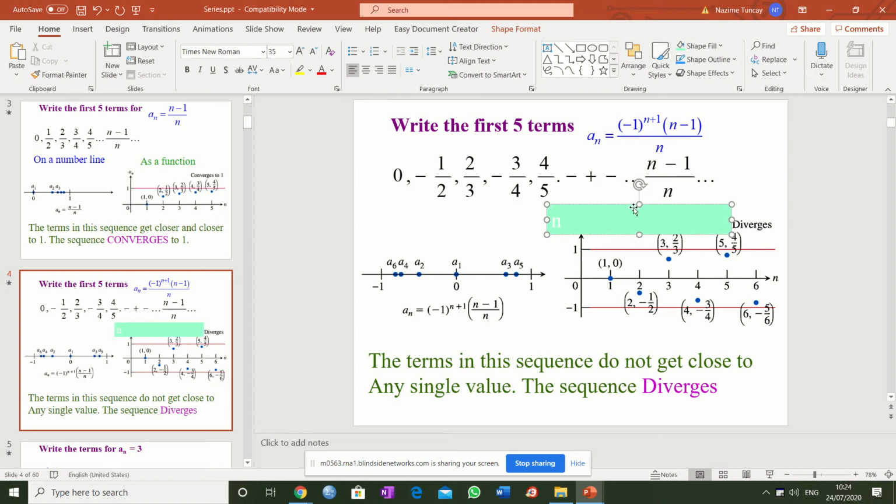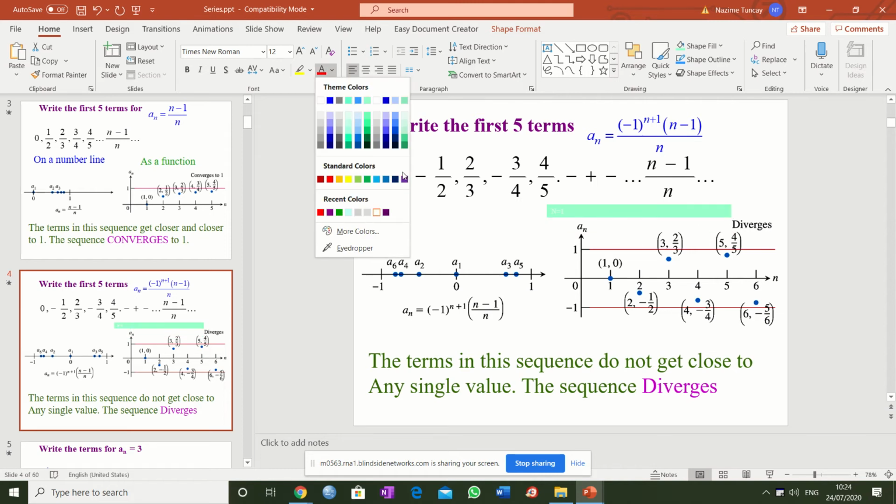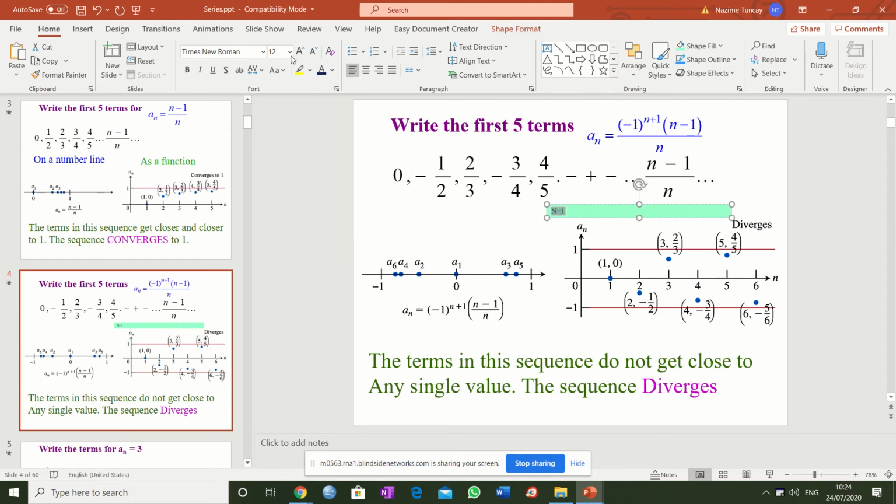So we put n equals 1, n equals 2, n equals 3, n equals 4, and we say these values are the domain values.